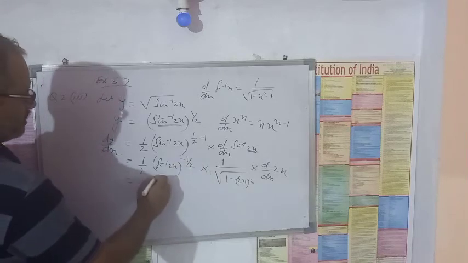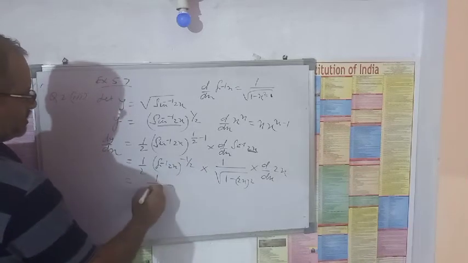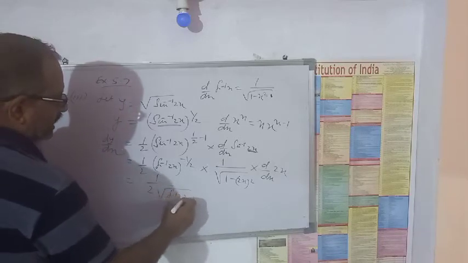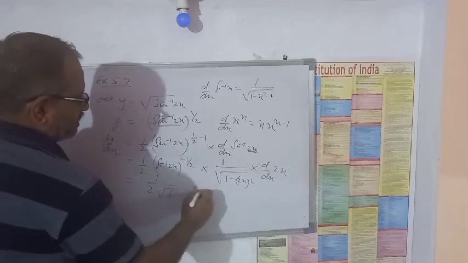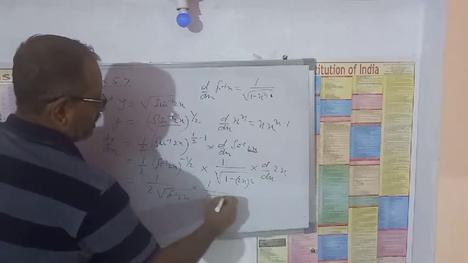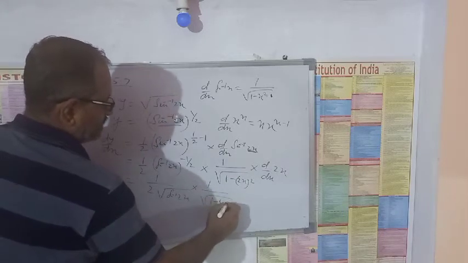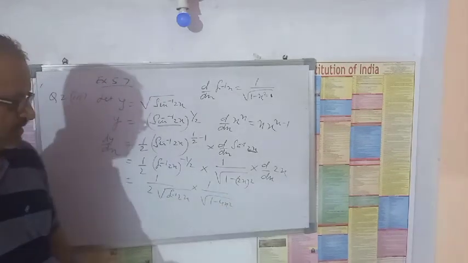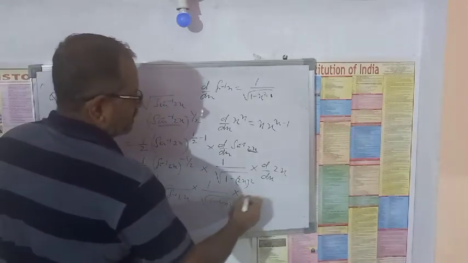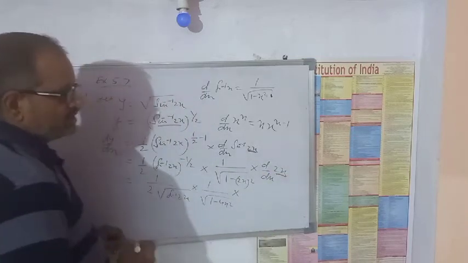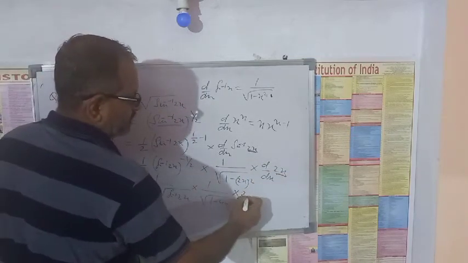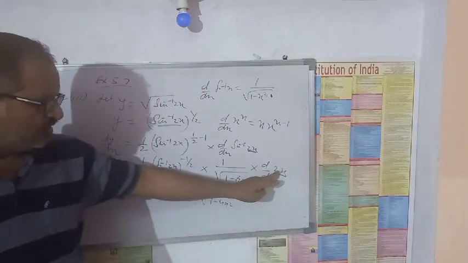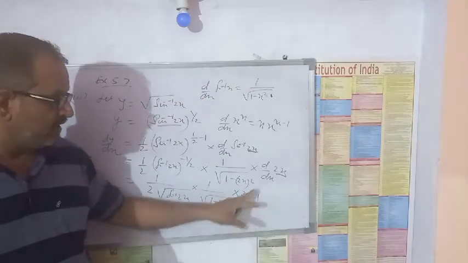Make the power positive, so we will take it in the denominator. So it will be 2 into under root sine inverse 2x, into 1 by under root 1 minus 4x square. And what is the derivative of 2x? 2 is constant, so take it outside.